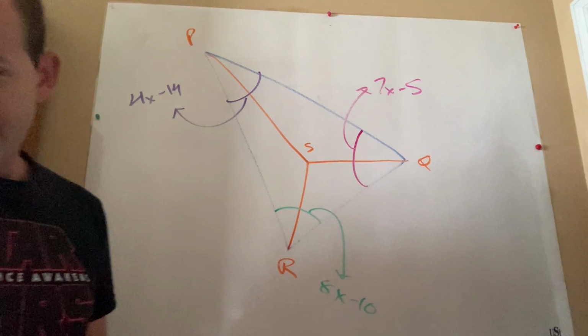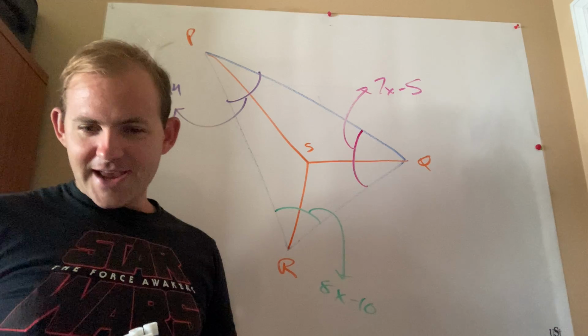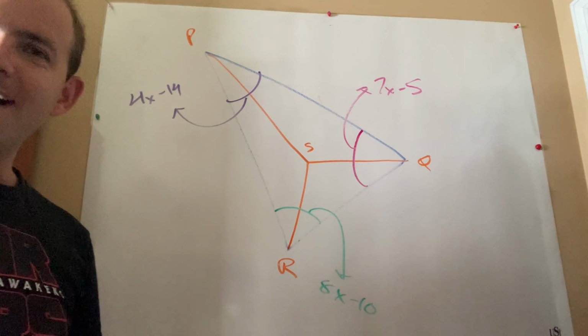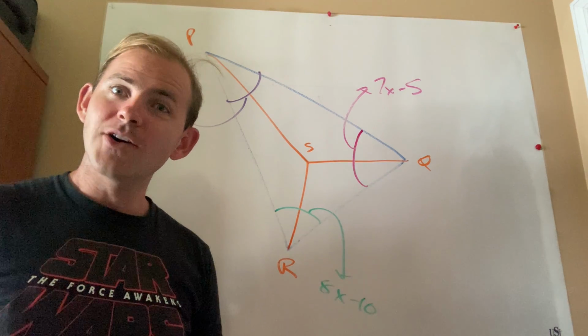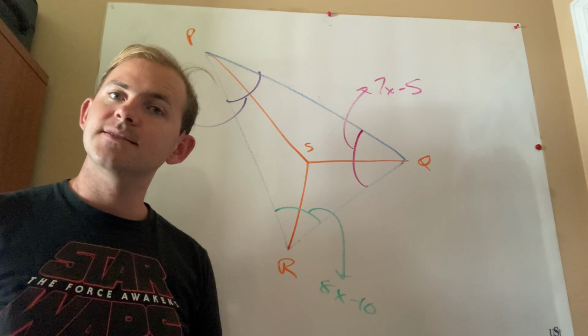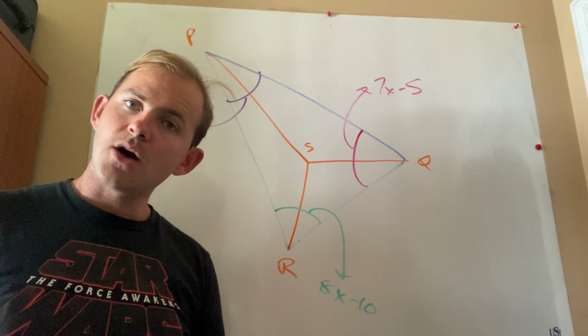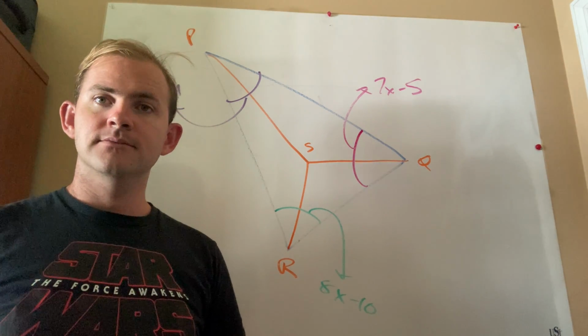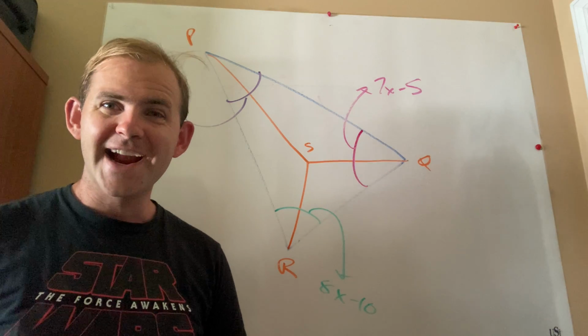How the heck am I supposed to find any of these other angles, guys? Here's the thing. This is where I get lucky because I can go back and use stuff from previous units. What do you guys know about how many degrees are inside a triangle? 180.